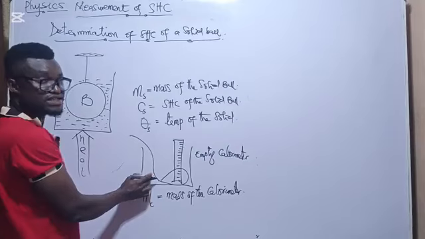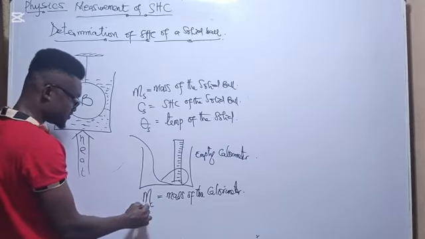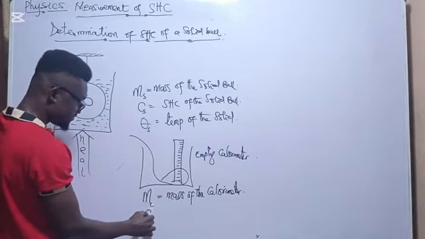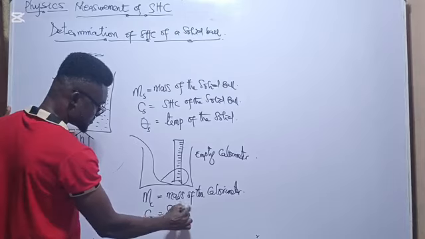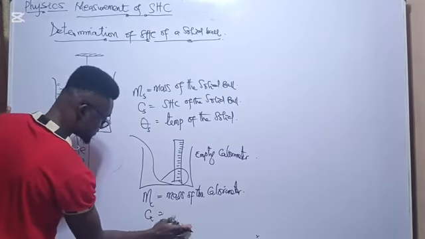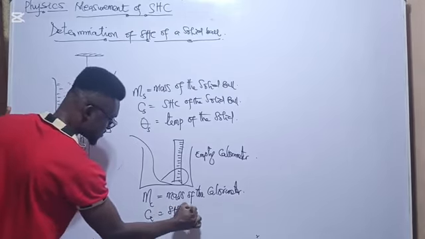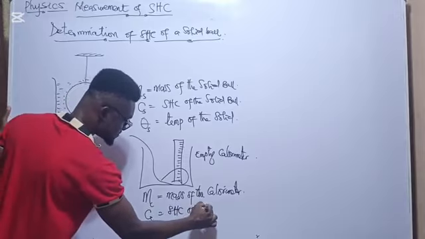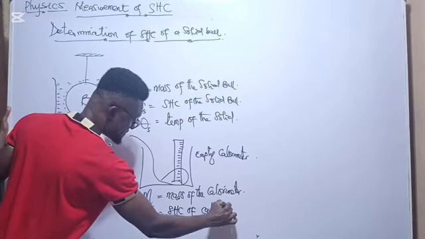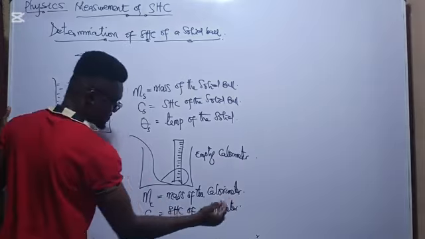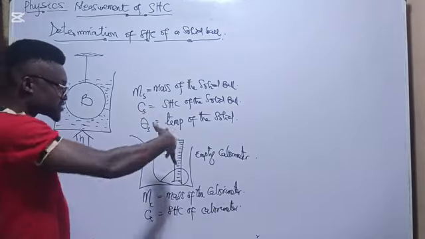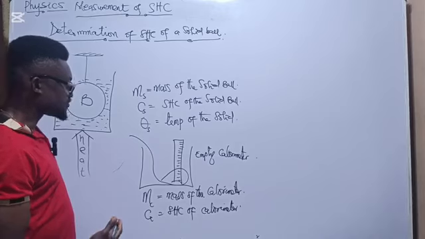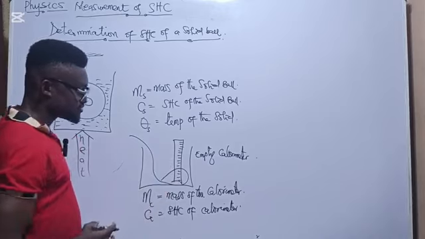Now, the specific heat capacity of the calorimeter is already known. The specific heat capacity of the calorimeter. Okay. Now again, you need to pour some amount of water into this calorimeter.